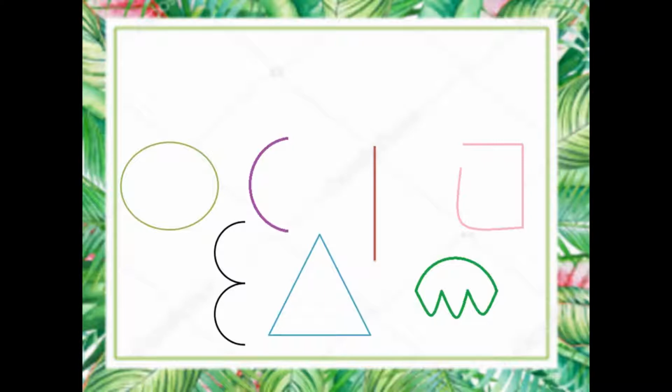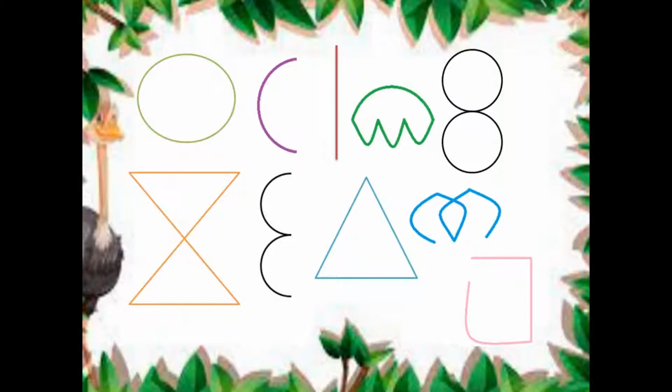Here you can see some closed as well as open figures. What is the peculiarity of these figures? These are all simple figures or simple curves. Then let's find what are not simple. Can you find the difference between the previous set of figures and here? Here some more figures are there, right?